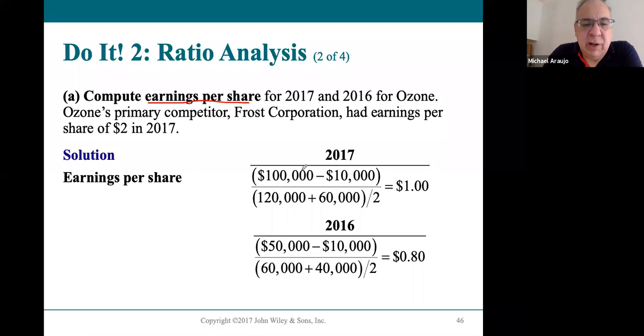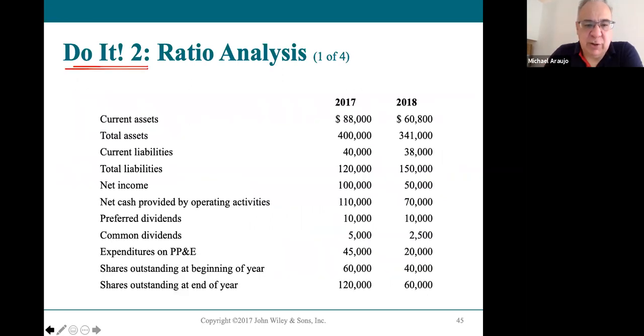Earnings per share is the net income minus preferred dividends divided by the weighted average common shares outstanding. And so here you have the solution provided for you for Frost Company for 2017. This is how you calculate earnings per share. For 2016, this is how you calculate earnings per share using the numbers that you saw here.